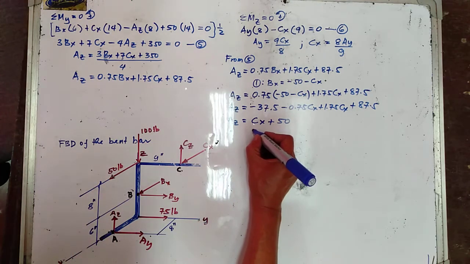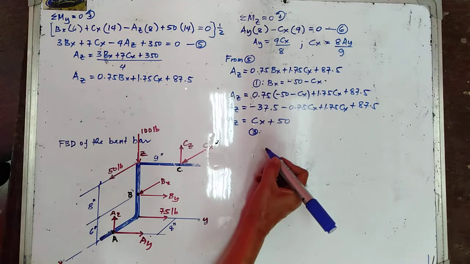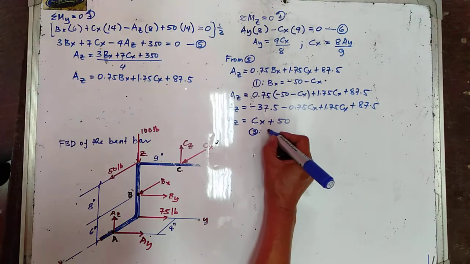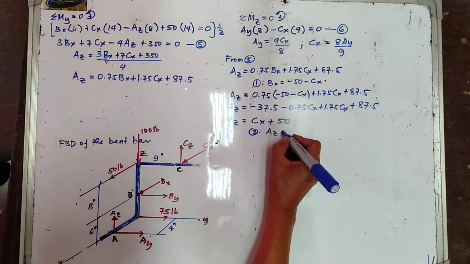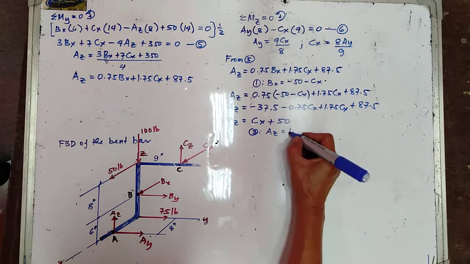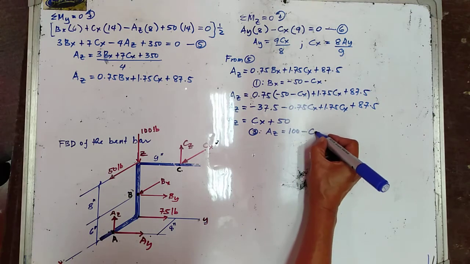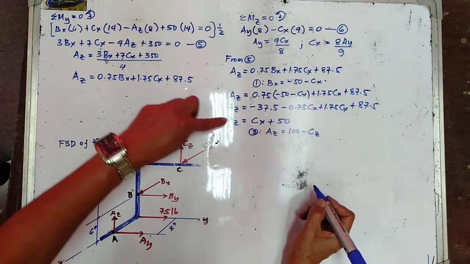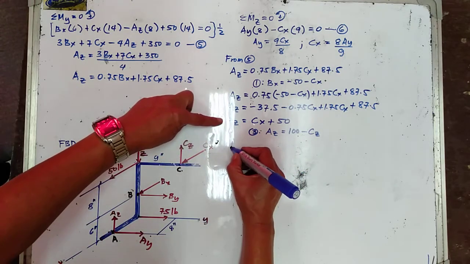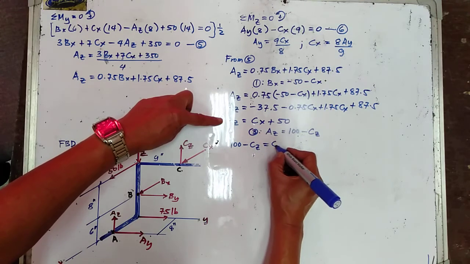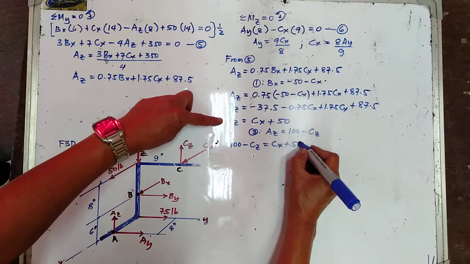Okay, so again, from equation 3, your AZ is equal to 100 minus CZ. Let's try to substitute this value in this equation. So we have 100 minus CZ is equal to CX plus 50.